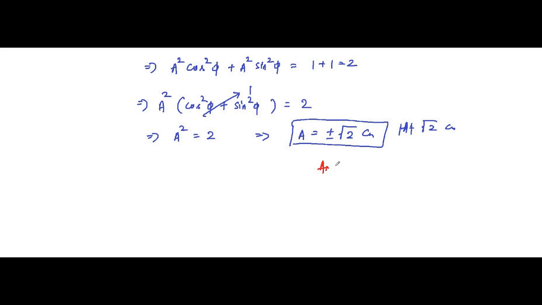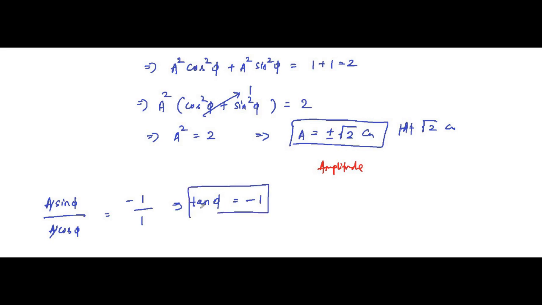Now we have to determine the phase angle. Again, dividing equation 2 with 1, A sine phi by A cos phi is equal to minus 1 by 1. Here A will get cancelled, so that implies tan phi is equal to minus 1. So we have to figure out the quadrant in which the tan function is negative.